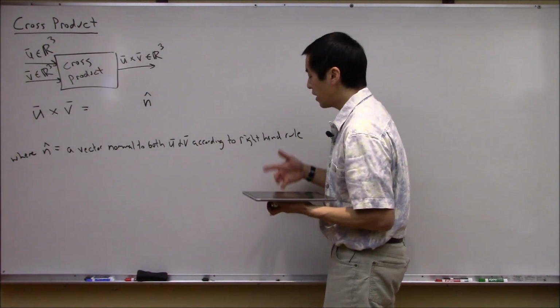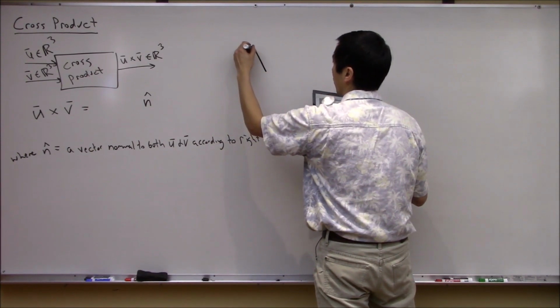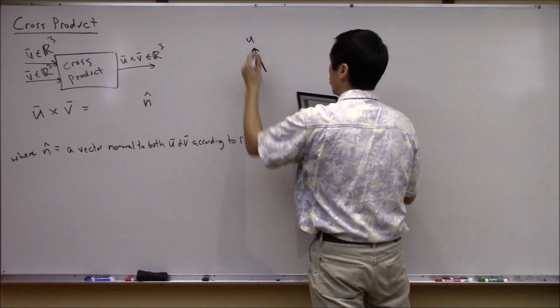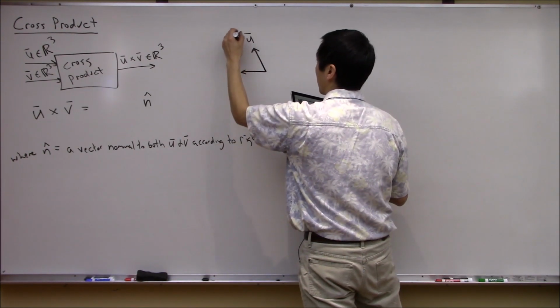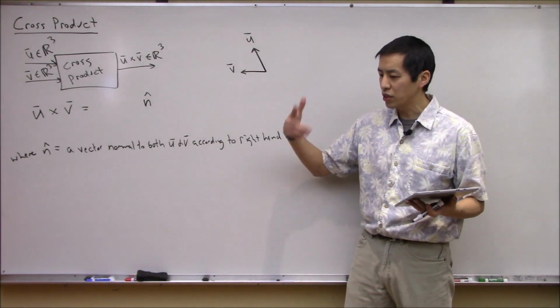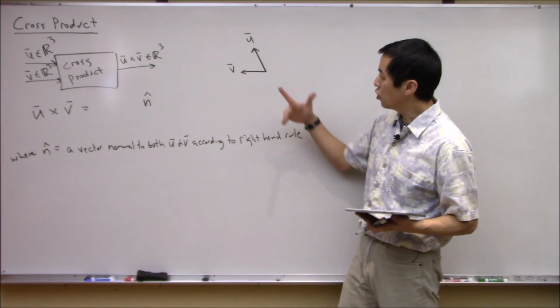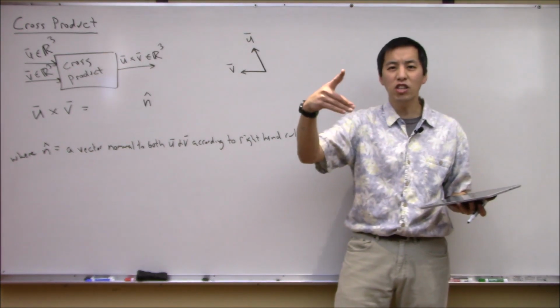The idea here is if you have two vectors, u and v, maybe we can sketch this out. So you have a u, and you might have a v, something like this. With the engineering right-hand rule, you take your right hand, and I joke, this is like the engineering gang sign.